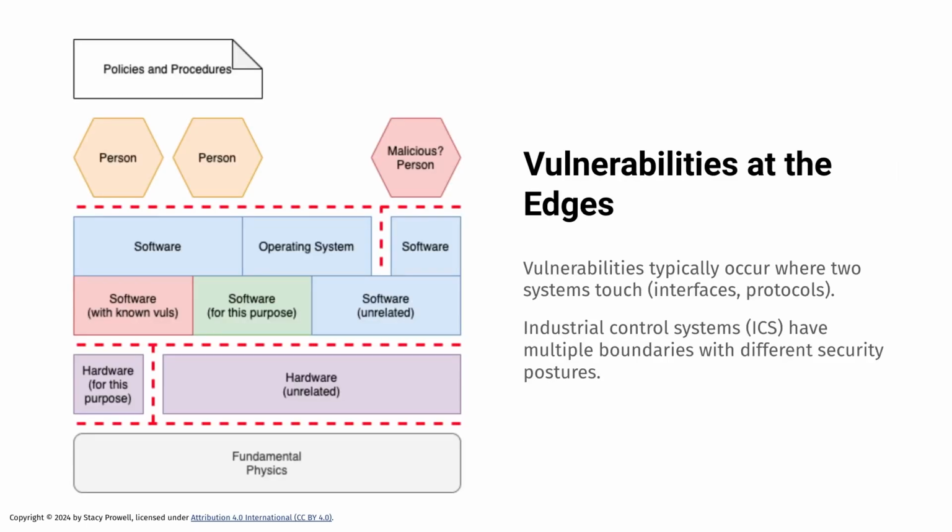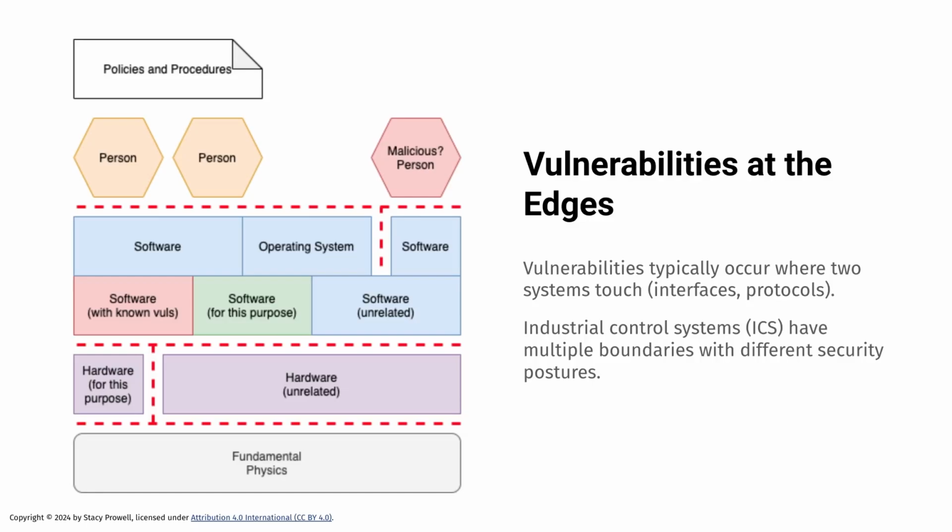Vulnerabilities occur at the edges. That's typically where two of these things touch. They occur where there's an interface or a protocol. And what you're seeing over here on the left-hand side is basically a view of a single computer. But I might put that in a network of computers. I might connect that network to big motors or inverters or other kinds of industrial equipment.